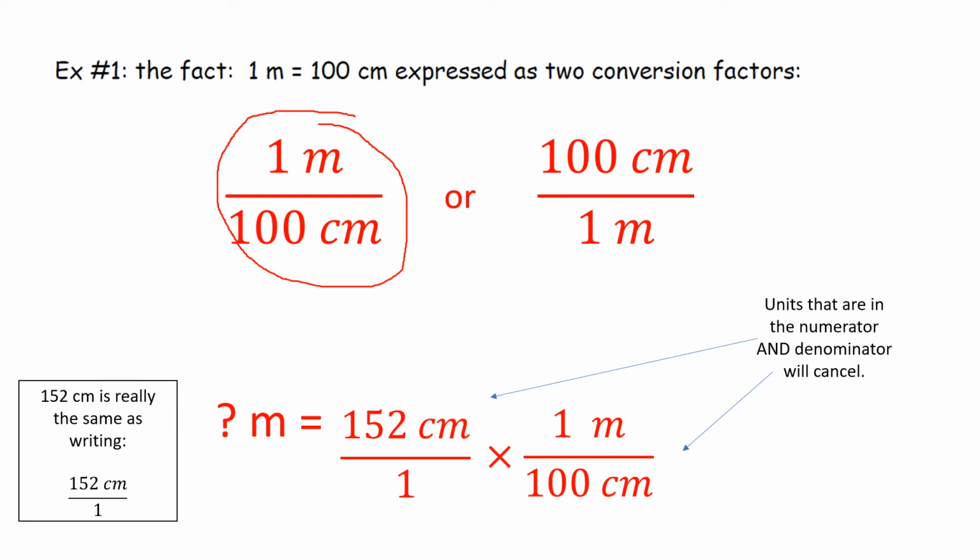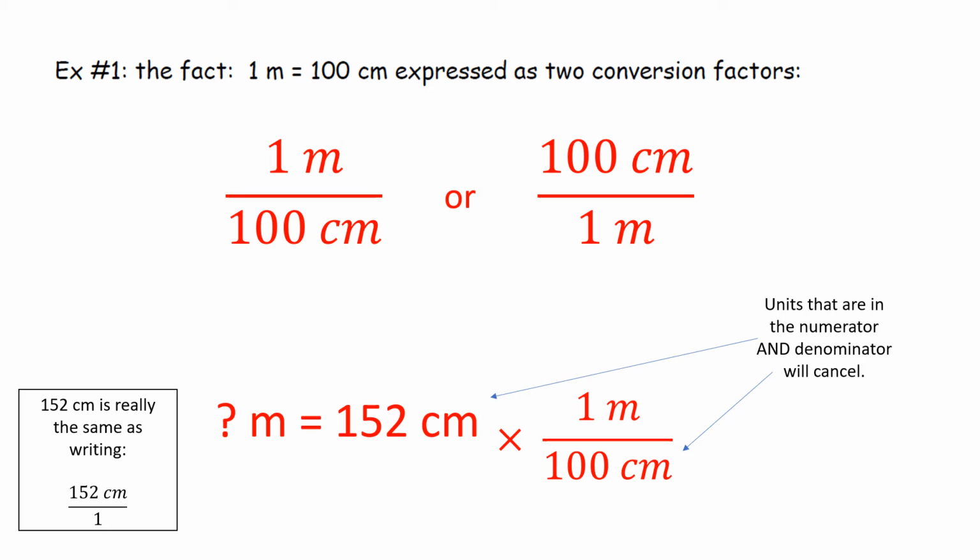So that's all I did, take this left conversion factor and use that to multiply by the number that we had, 152 centimeters. So right here, we're setting this up so that we can get rid of centimeters and keep meters. So now all we have to do is cancel out the centimeters. We're just going to cancel them out. We're going to put a line through them.